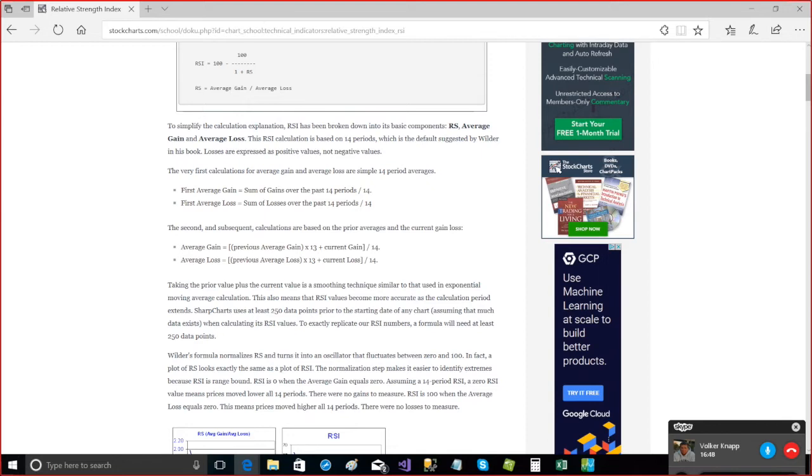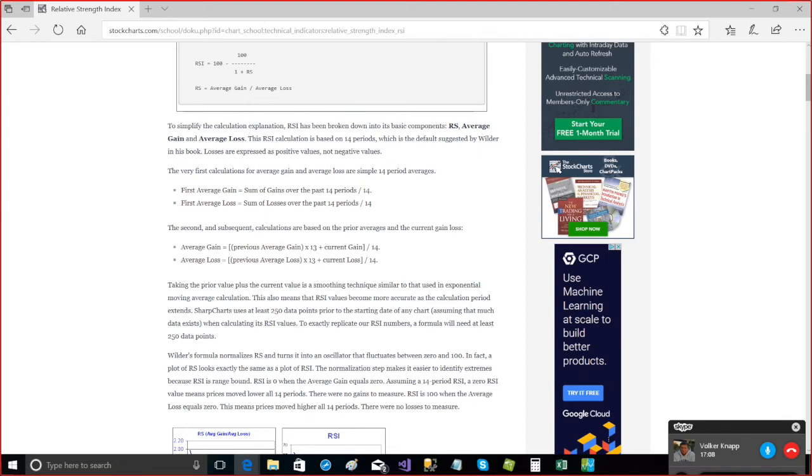So here's the difference. The second and subsequent calculation is based on the prior value and then the current gain and loss. So when he was doing this in 1978, he was calculating this by hand. So every day he would need to update his RSI.